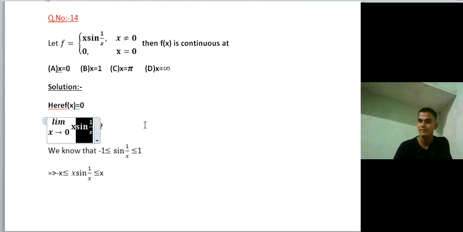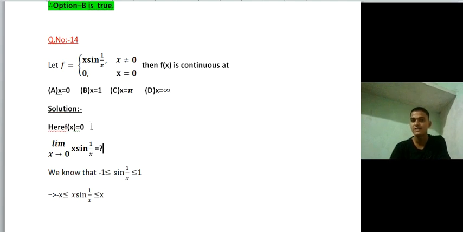Sine 1 by x is a bounded function, and it lies between -1 and 1. So the limit of x sine 1 by x will be 0.